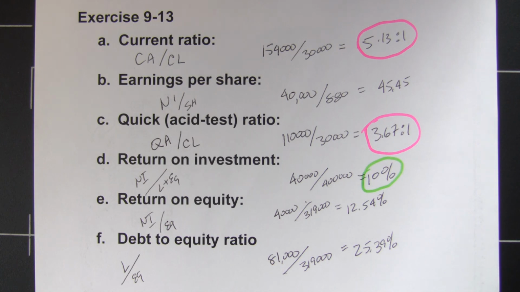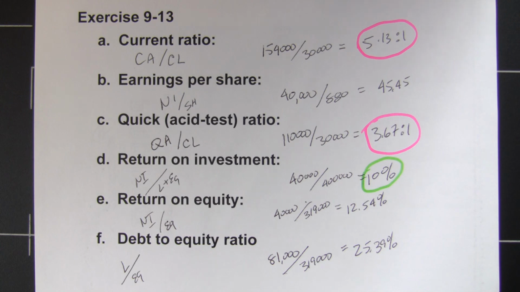So these ratios, you'll be expected to interpret these and understand these. Your future employers will expect that. I don't expect you to memorize them. I expect you to know how to find them and what they mean. Okay, how to interpret them, how to talk intelligently about them.